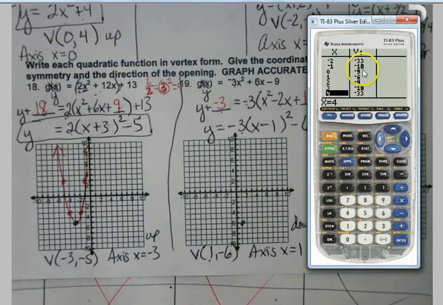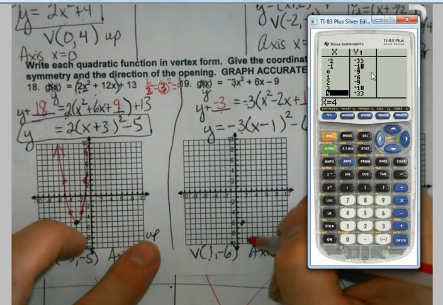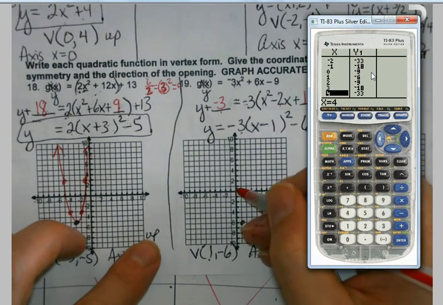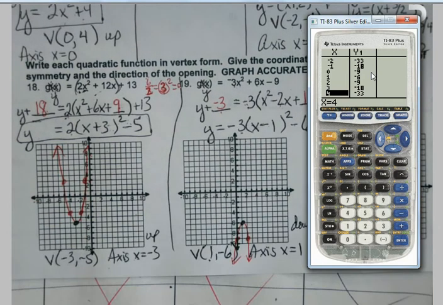If it's in the middle, I should see some symmetry, and I do. It looks like I'm only getting 3 points this time, too. So 2, negative 9, 0, negative 9. I'm really skinny.